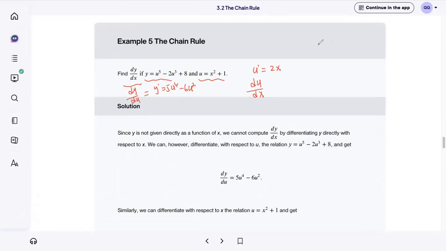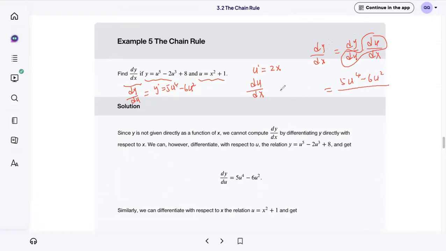Now, what is dy dx? That equals dy du times du dx. You see these two, one in the numerator, one in the denominator. So dy du is 5u raised to 4 minus 6u squared.